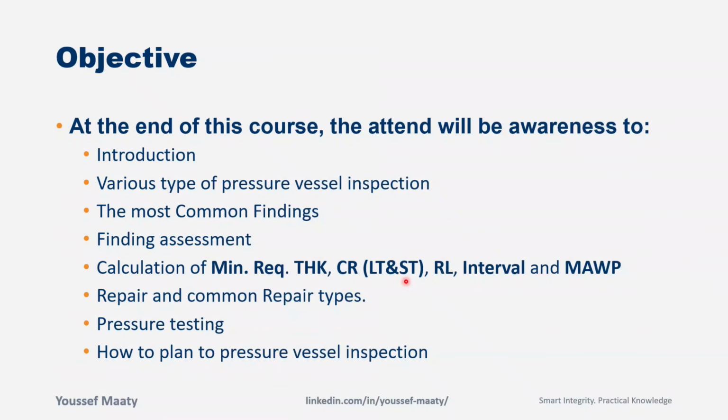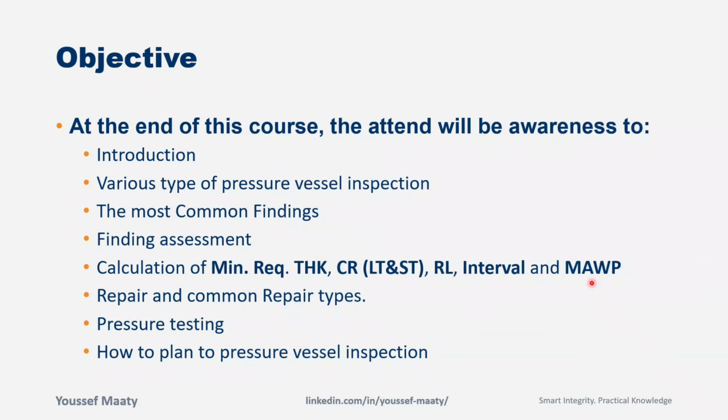Based on corrosion rate and minimum required thickness, we can calculate remaining life according to API 510. Based on these calculations, we can determine the appropriate inspection interval. This interval will be based on the requirements of API 510. We will also discuss MAWP, maximum allowable working pressure, and how it is calculated.